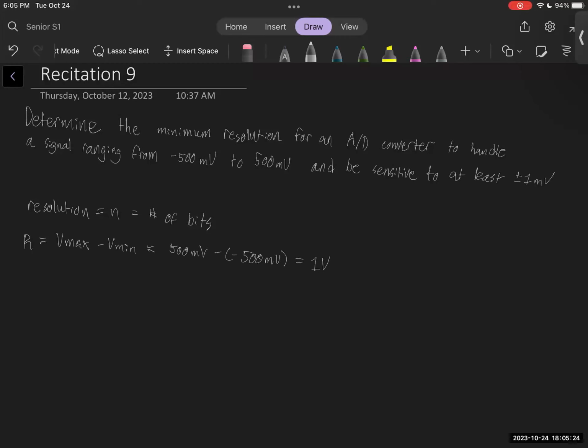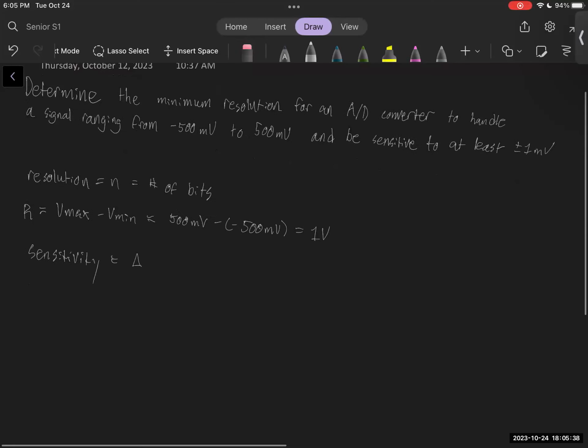And we need it to be sensitive to at least plus or minus 1 millivolt. So our sensitivity in this case is going to be our signal resolution. So now how can we solve this for our bit resolution or our n value?